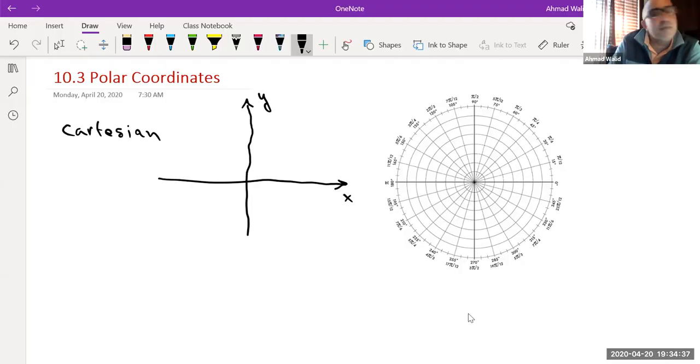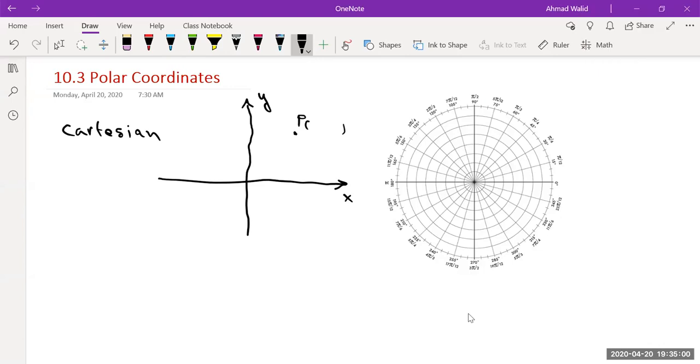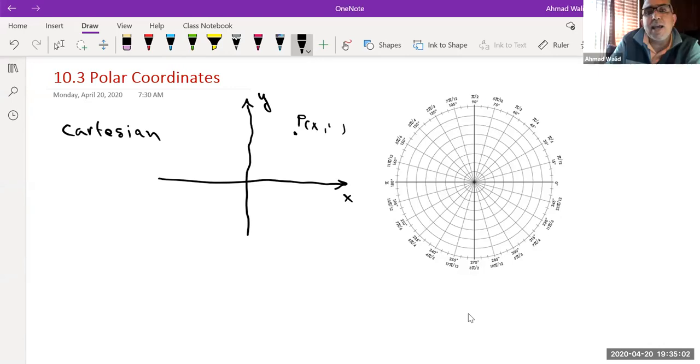Every day you are dealing with this system and you know every characteristic of it. For example, I have here a point, and I'll name this point P. If I ask you what is the sign of X and Y in this quadrant?